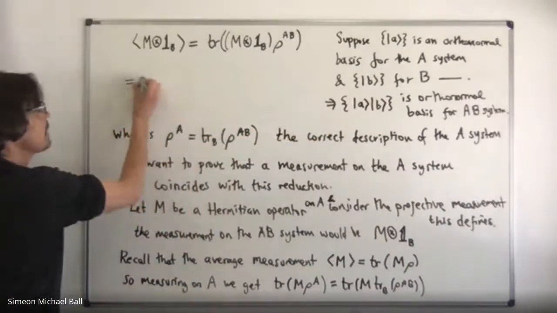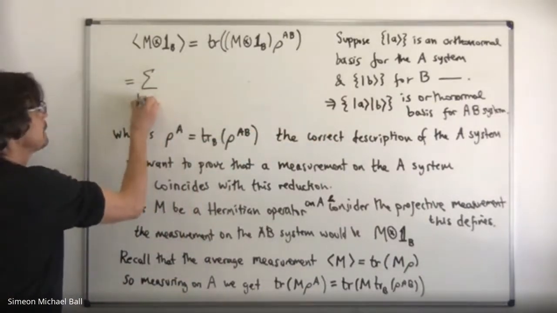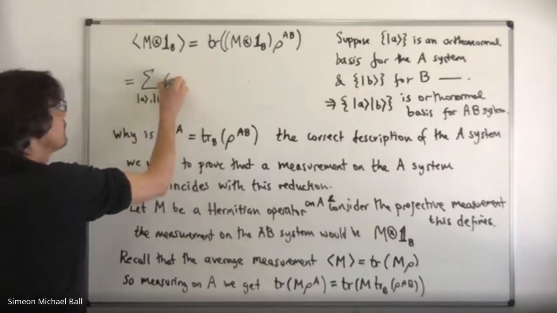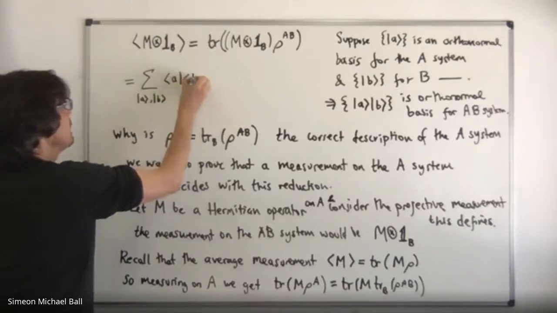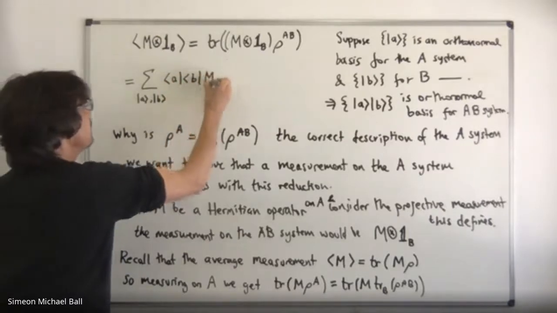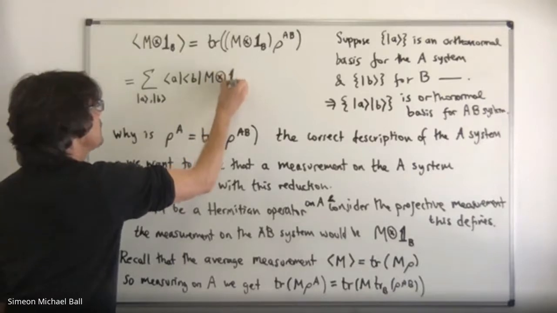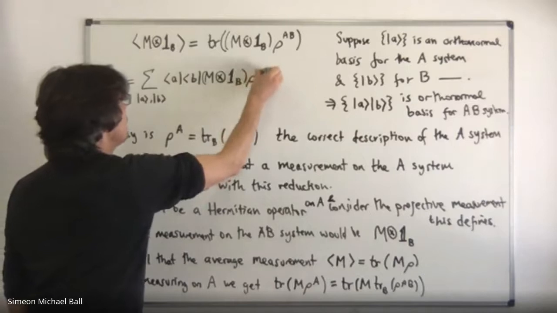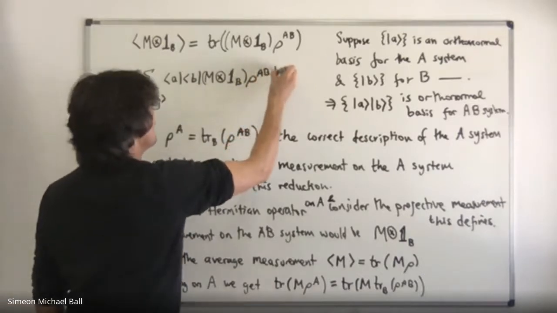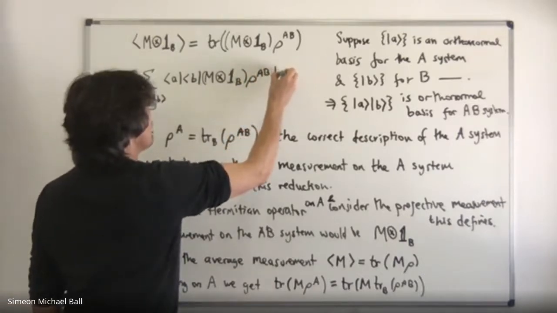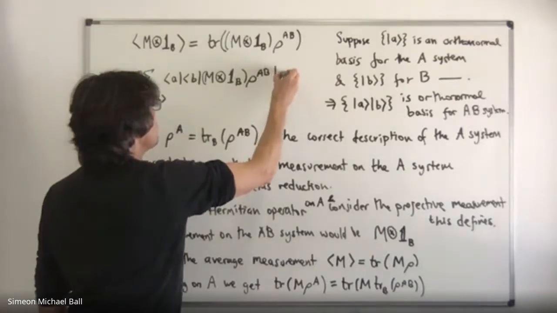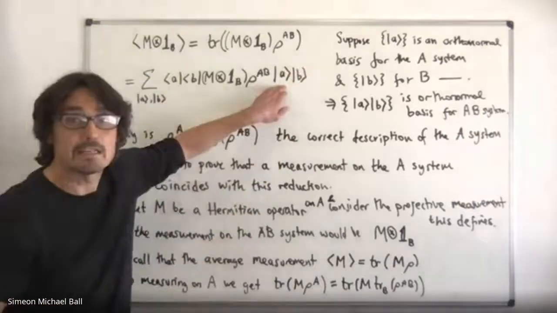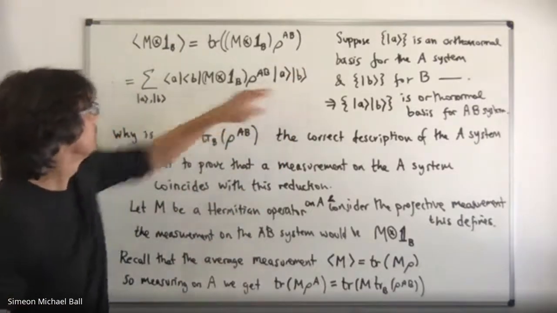So this is now the sum over a and b of <a,b| M tensor 1_B, all applied to rho AB, and now we've got |a,b> going the other way, but we don't change the order because it's still the A system comes before the B system.